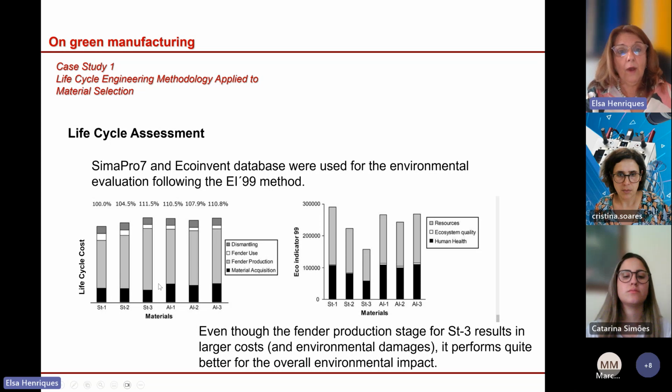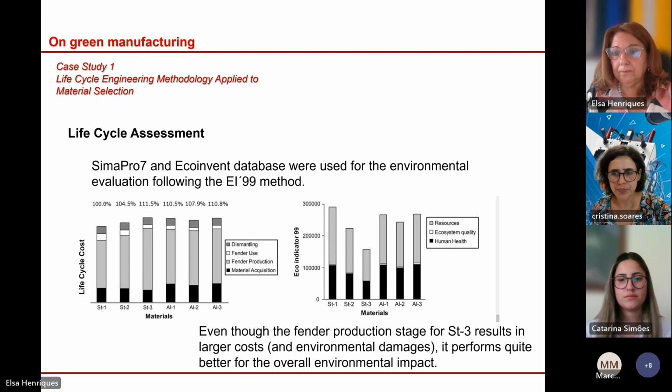Even if, when you consider the life cycle cost, it has the highest cost. So even though the fender production stage for steel 3 results in larger cost, it performs quite a bit better for the overall environmental impact.